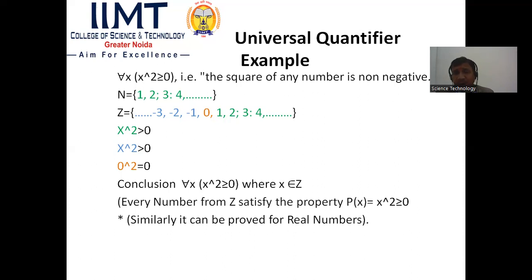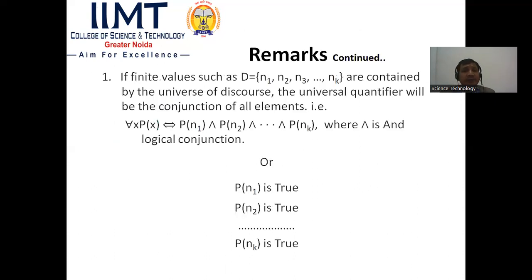In this whole lecture, we will talk about the set of discourse, the property, and how many objects are satisfying that property. So we notice that all objects x from the set of integers satisfy this property. So it is a case of universal quantification.